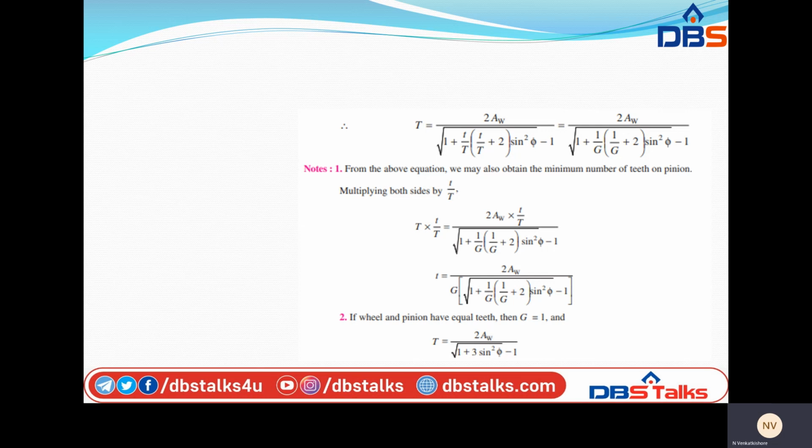Same. 2AW by square root of 1 plus 3 into sin square phi minus 1. So if you clearly observe, the minimum number of teeth on the pinion and at the same time the wheel, if the gear ratio is 1, means both are having the same formula, but only the addendum of the corresponding wheels will be changed. Okay.